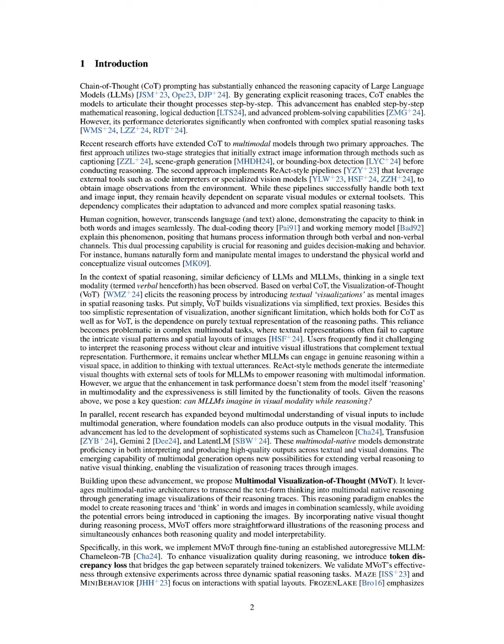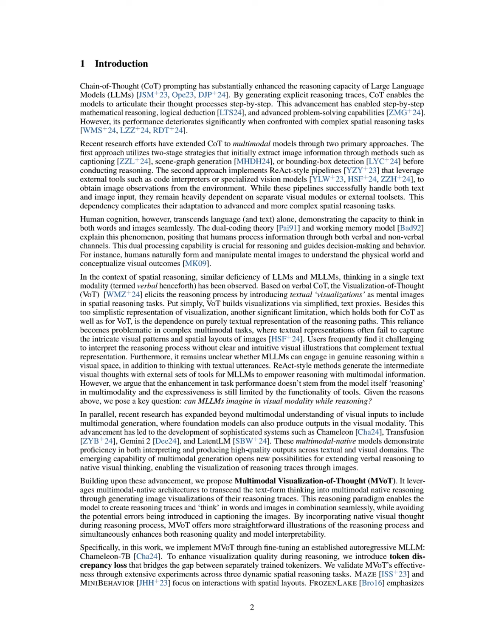Theoretical benefits of MVoT over traditional COT methods include its ability to seamlessly integrate verbal and visual reasoning, allowing models to generate interleaved reasoning traces that reflect human-like cognitive processes. This multimodal approach enhances expressiveness and interpretability, addressing the limitations of COT, which relies solely on textual representations that often fail to capture complex visual patterns.